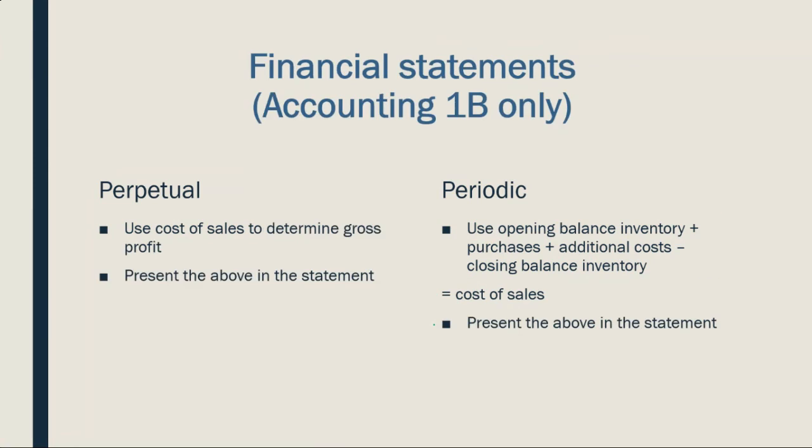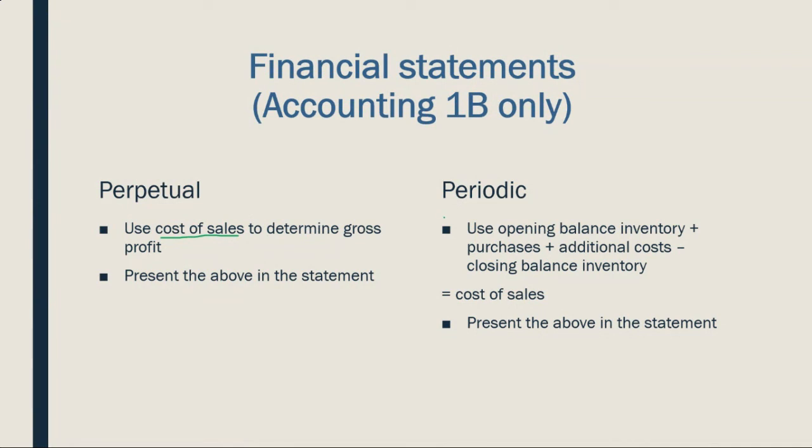And then if we look a lot further ahead, so this is accounting 1B, the second semester accounting, for our financial statement disclosure, under the perpetual inventory system, you would have your cost of sales when you work out your gross profit and you present it in your statement of profit and loss and other comprehensive income.